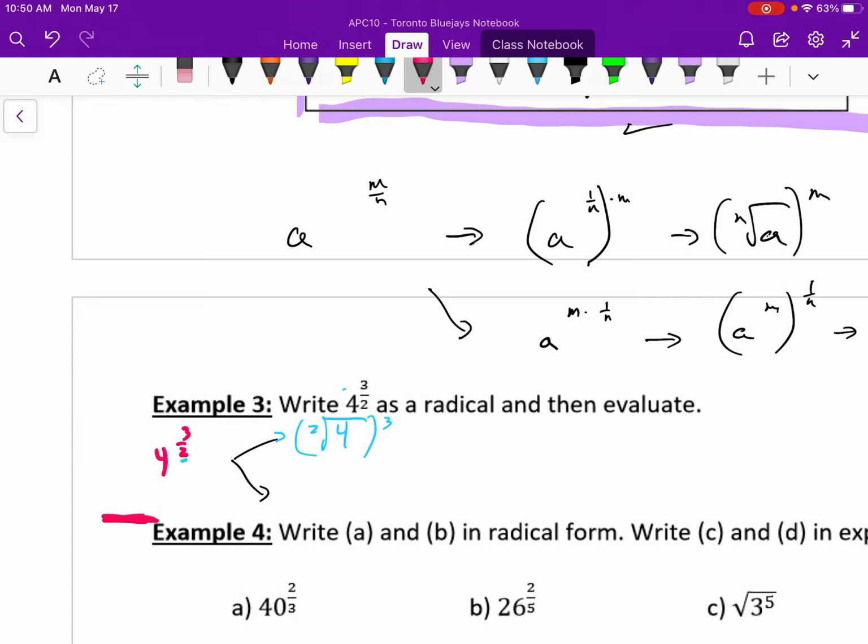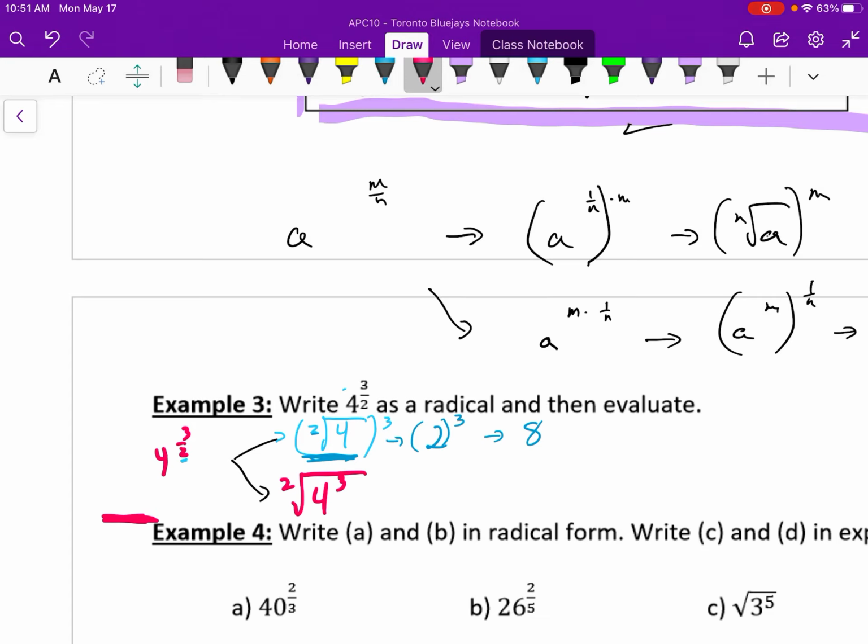Alternatively, you could have said the square root of 4 to the power of 3. Both of these quantities will be the same. However, the top quantity is easier to navigate. So I'm going to evaluate what's in the brackets. The square root of 4 is 2. And then don't forget the power of 3. 2 to the power of 3 is 8.